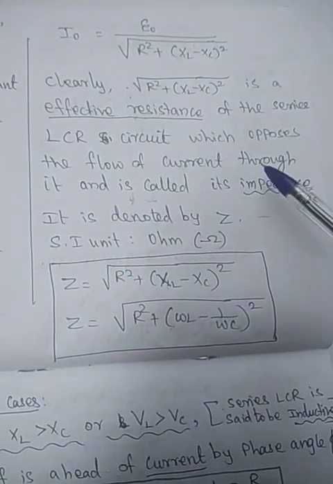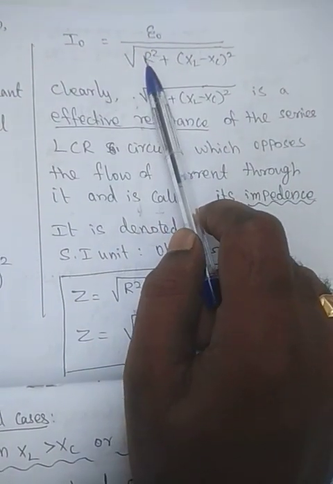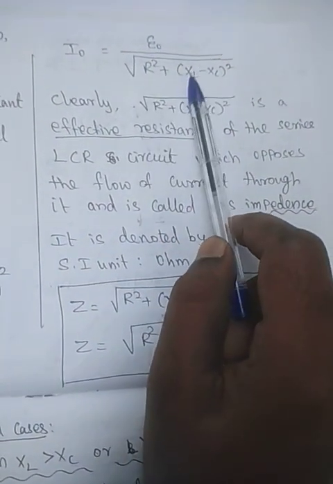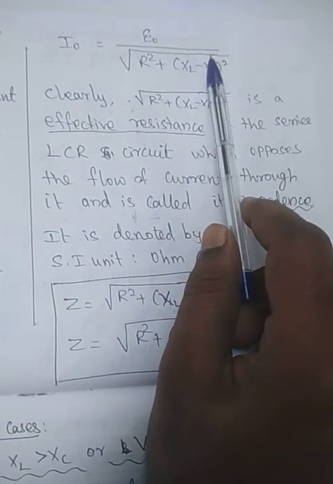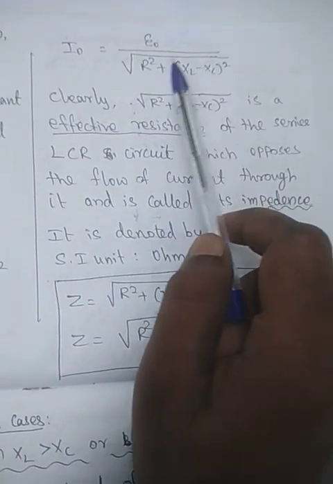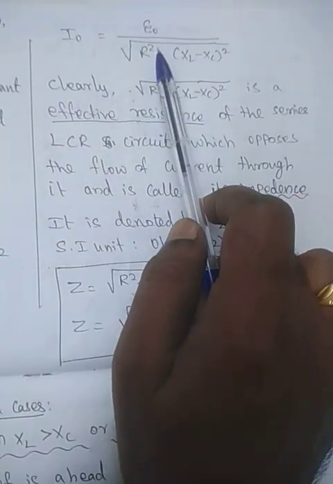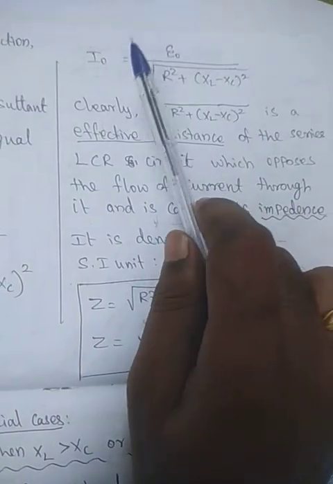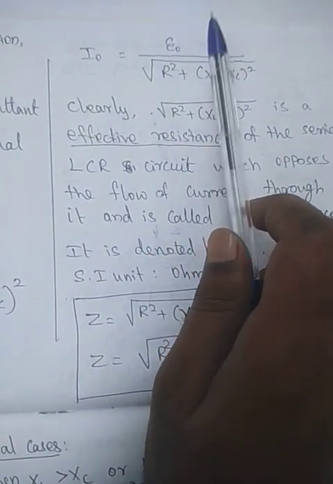So again I will say that when we connect the alternating EMF with the resistor alone, the resistance is R. For the inductor alone, the resistance is the inductive reactance. For the capacitor alone, it is the capacitive reactance. If all three are connected in series, we get the total current value, whose amplitude is I naught. Then the applied EMF amplitude is E naught.